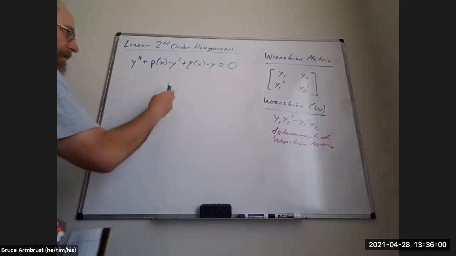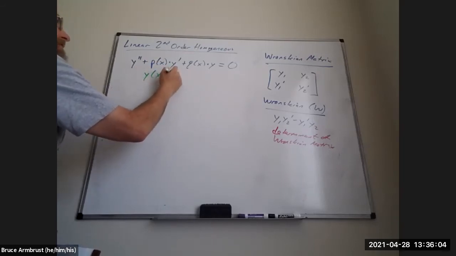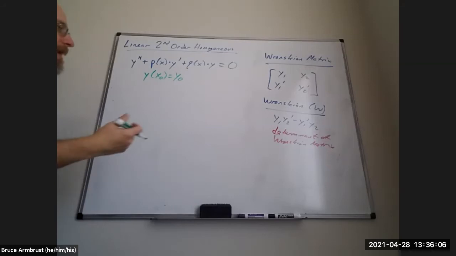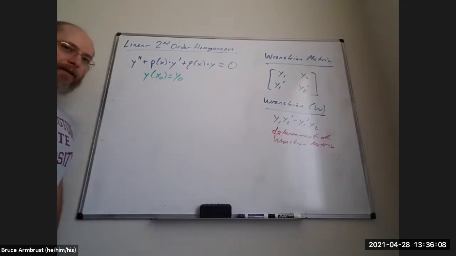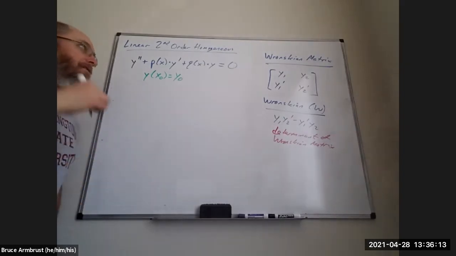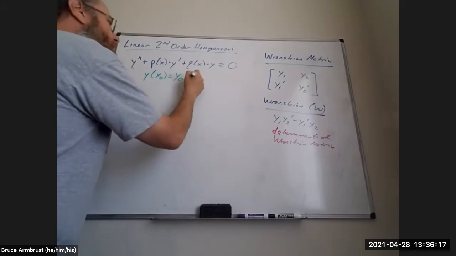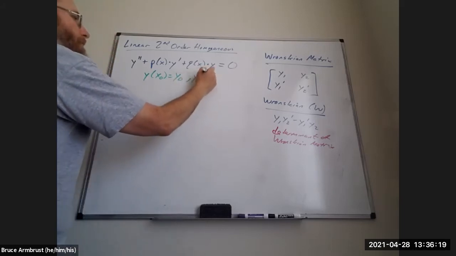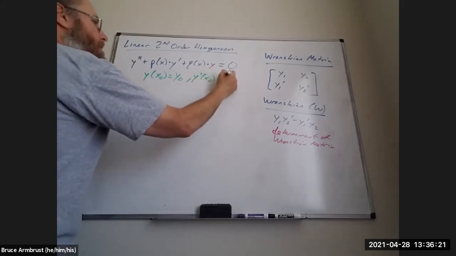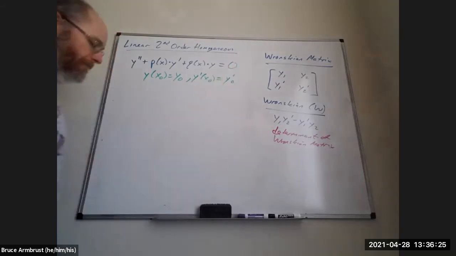All right, so let's say we had here as well an initial condition. I'm going to have, say, y of x naught equals y naught. But remember, for the second order, we need some other piece of information. So let's say we also know that y prime of x naught is equal to y prime naught.